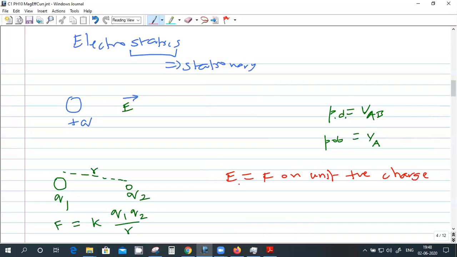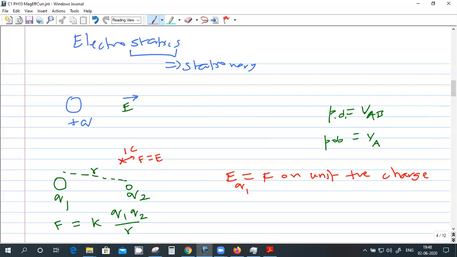So E due to, say, Q1 is equal to the force on the unit positive charge. Suppose I want to find the electric field at this point, I bring a 1 coulomb charge here, and whatever is the force, that force is equal to the electric field.